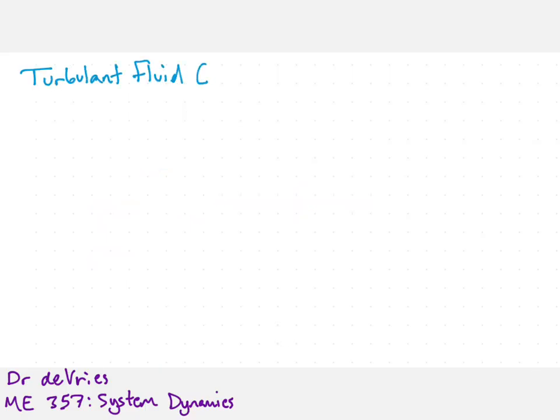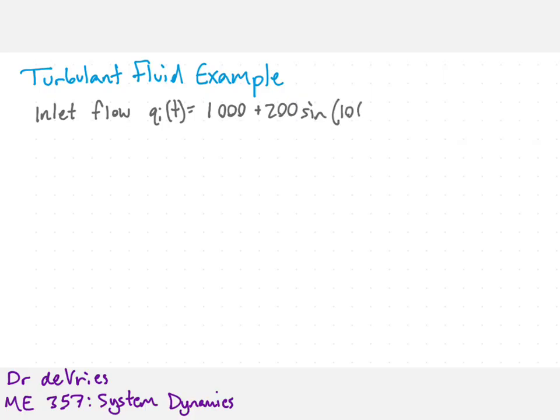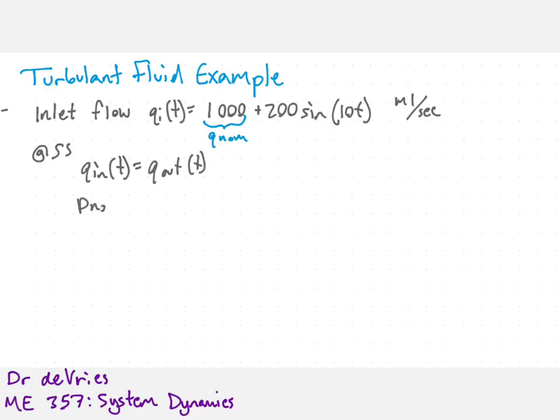So let's look at this with a real example. So if we had turbulent fluid, then we'll have some inlet flow, and this inlet flow is going to be a nominal value plus an oscillating value. And at steady state, we're going to say that our Q in is equal to our Q out, our nominal pressure is 250,000 pascals, and that our resistance is nonlinear.